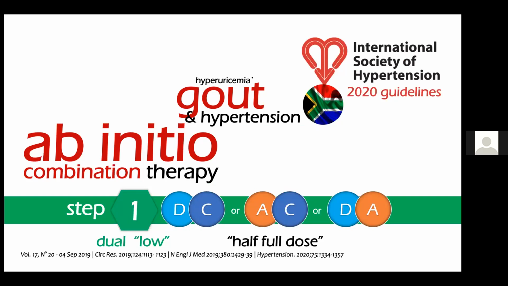It is endorsed by South Africa now. The first step that used to be one drug should now be a dual therapy with low dose. When they say low dose dual therapy, it is basically half the full dose. For every single drug that is used for hypertension, we know the starting dose and we know the target or maximum dose.